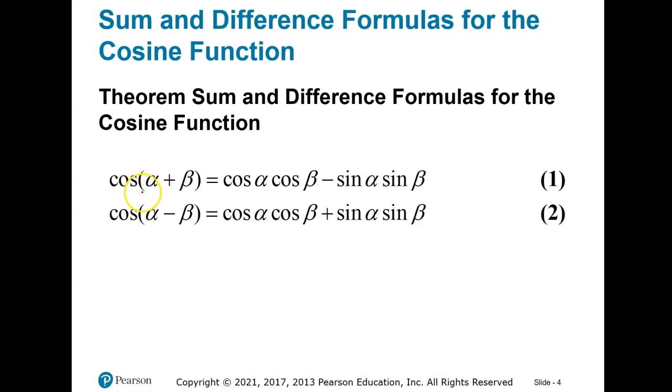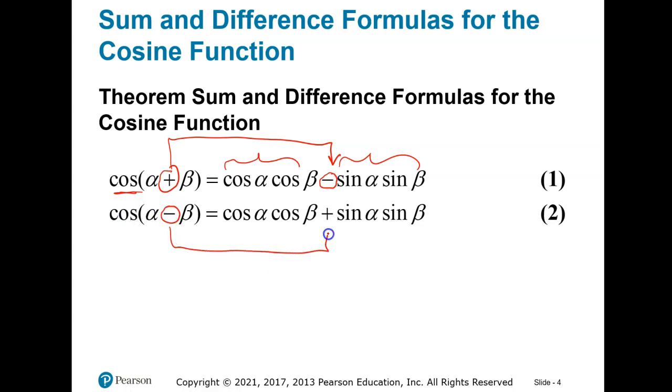When it is cosine, the cosines are together, the sines are together, okay? But then we change the sign in the middle. So if it's plus inside the cosine function, it becomes minus when we use the formula. If it is minus, then we are using plus.